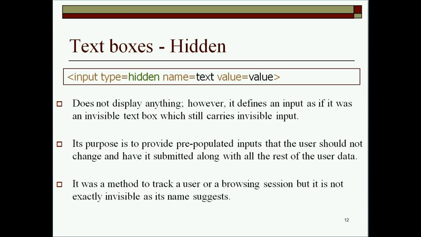So the cart ID might be a hidden element that is provided like a hidden text box along with the form to a user. So whenever the user sends information back to the server, for example, add this item to my cart, the server, from that hidden field and the value that hidden field had, which should be unique for different users, would know which cart the item has to go into.